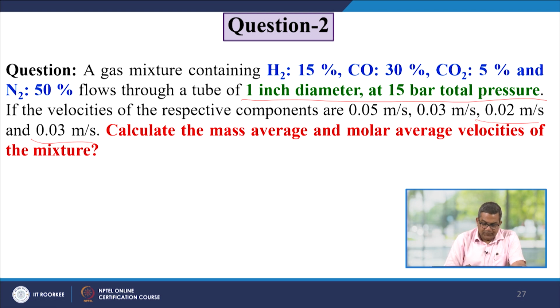Now, let us rename the gas mixture as H2 is 1, CO is 2, CO2 is 3 and N2 is 4.